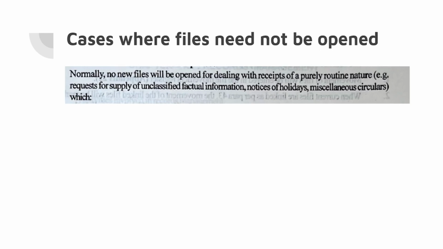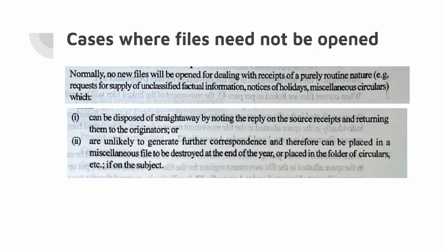For example, requests for supply of unclassified factual information, notices of holidays, miscellaneous circulars, which can be disposed of straight away by noting the reply on the source receipts and returning them to the originators, or are unlikely to generate further correspondence and therefore can be placed in a miscellaneous file to be destroyed at the end of the year or placed in the folder of circulars, etc., if on the subject.